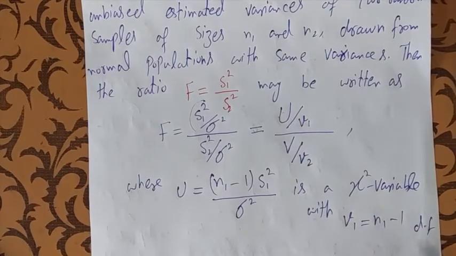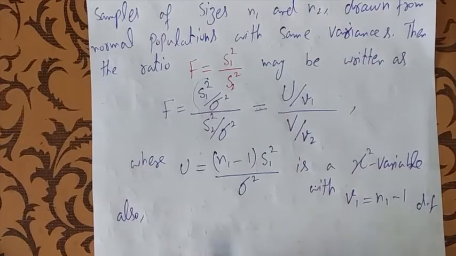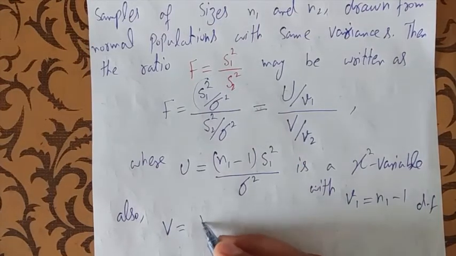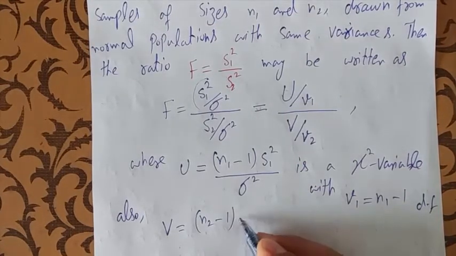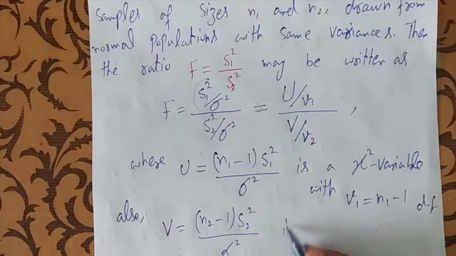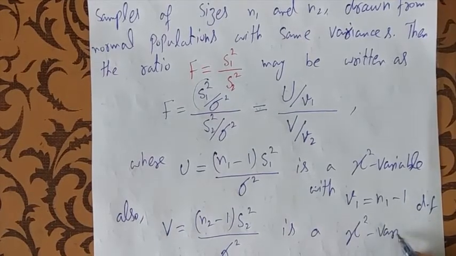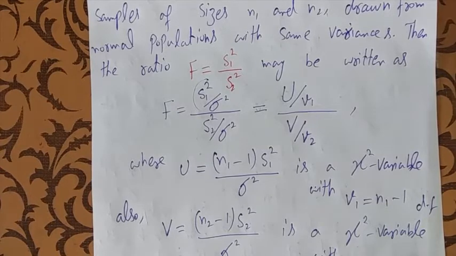Also capital V, which is equal to (n2 minus 1) into S2 whole square over sigma square, is a chi-square variable with degree of freedom nu 2, which is equal to n2 minus 1.